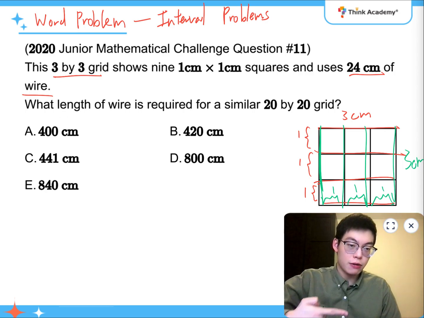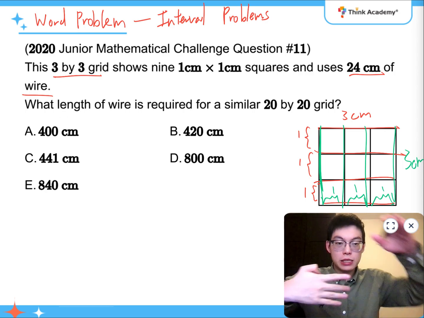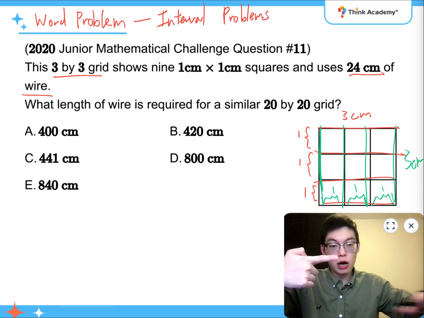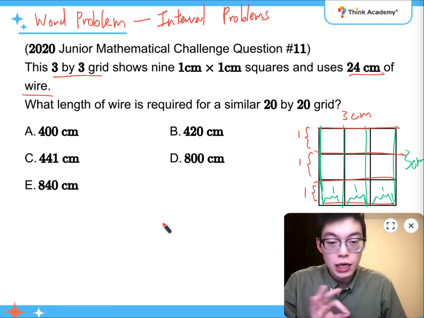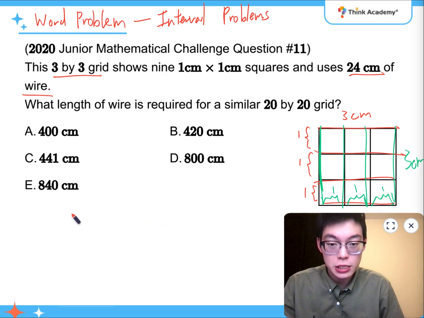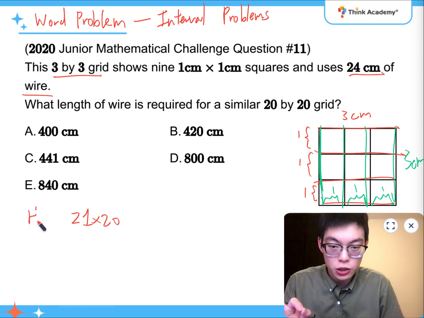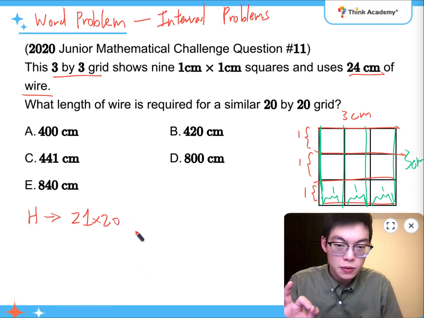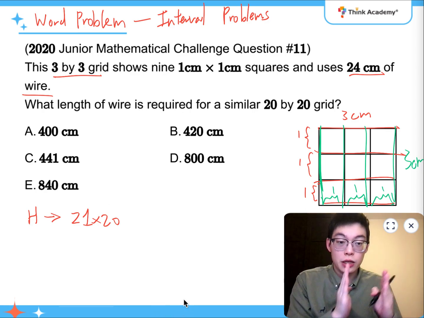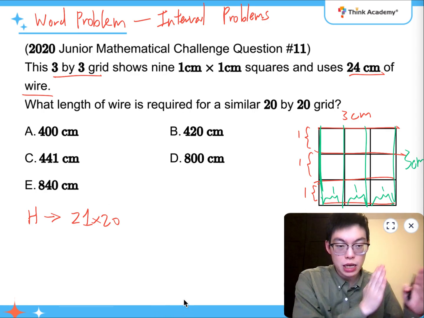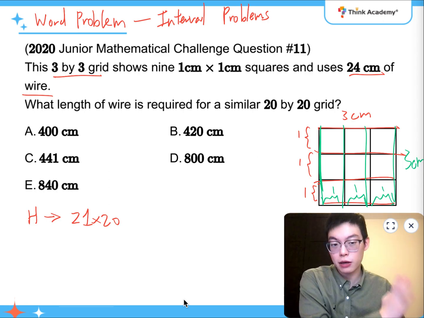the vertical direction, right? So it means that there will be 21 horizontal wires, each of 20 centimeters. So that's for horizontal. And what about vertical ones? I'm going to have 20 small gaps along the horizontal direction, right?